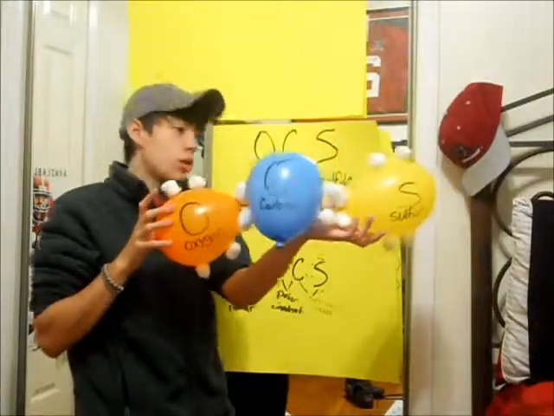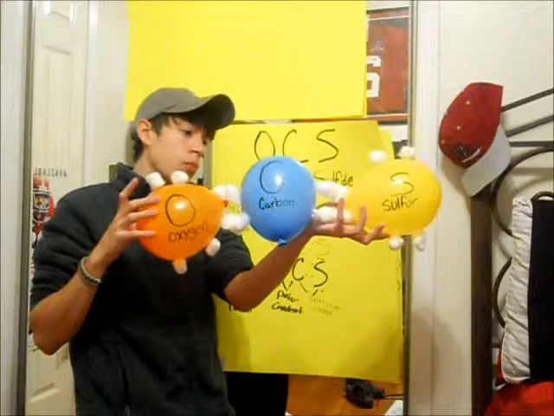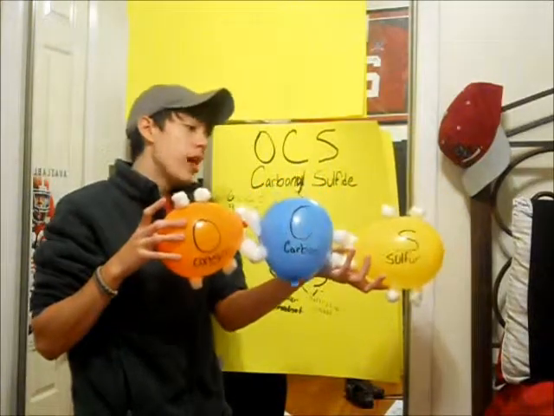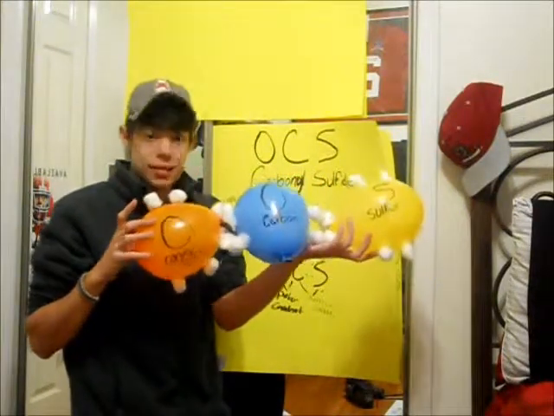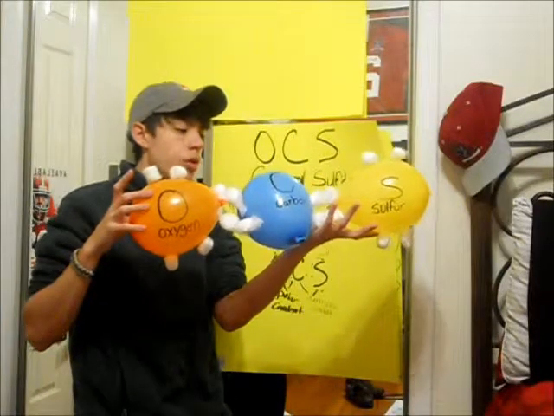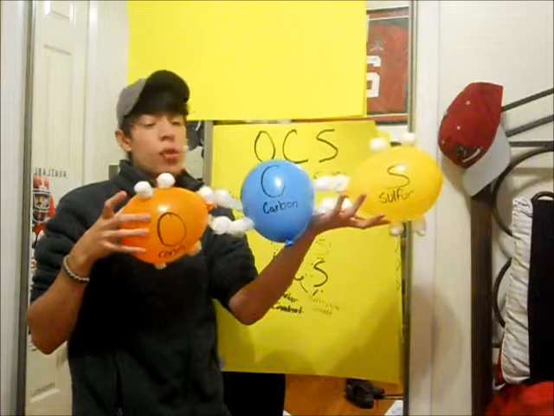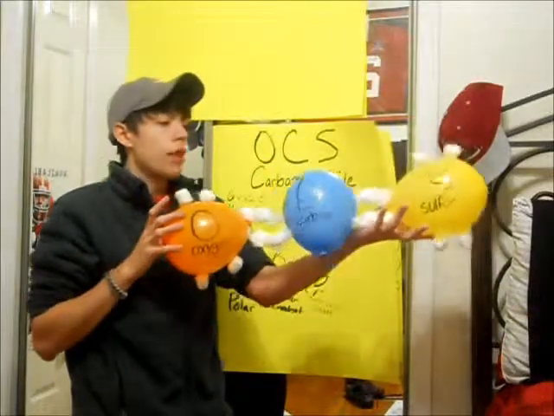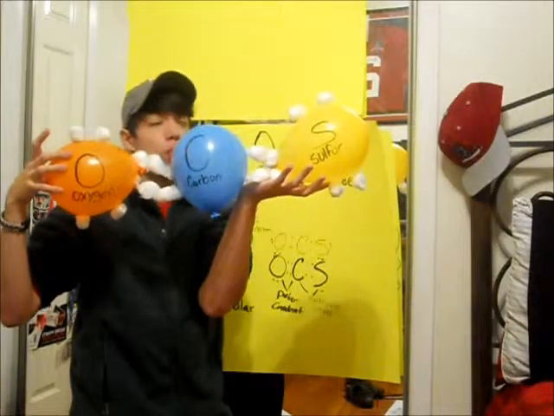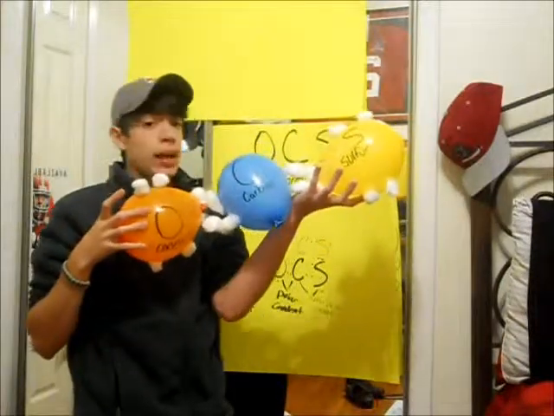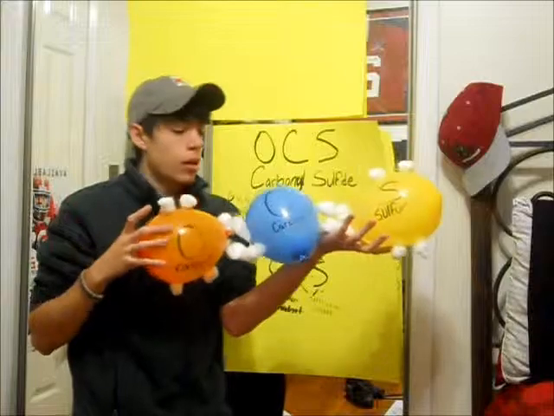Sulfur, 2 up top, 2 on bottom, 2 in one bond, 2 in the other. So that's 2, 4, 6, 8 in sulfur. And then 2 in that bond, 2 in that bond, 2 in this double bond, 2 in that double bond. So 2, 4, 6, 8 in carbon. So they are fulfilled. It is a linear structure on the molecular and electronic scale.